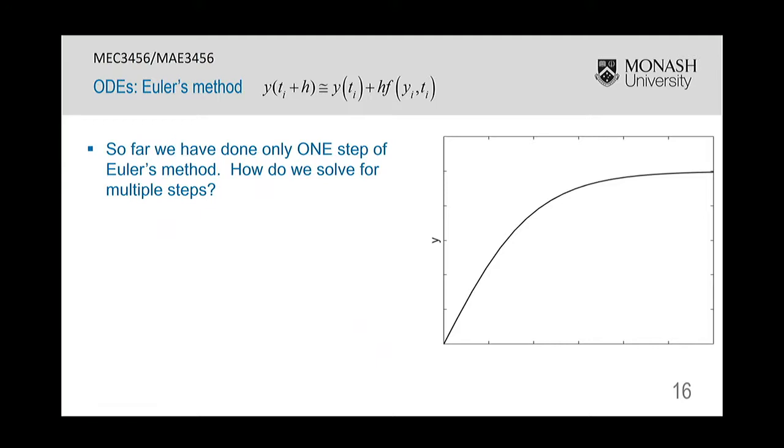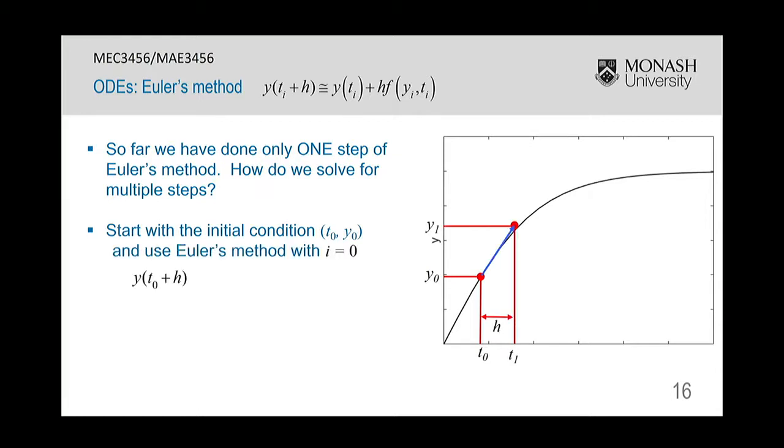So far we've only done one step of Euler's method. How do we solve for multiple steps? Well, let's start with our initial condition t0, y0, and use Euler's method with i equal to 0. This is the Euler's method up the top here, we're going to set i equal to 0, and so we're going to calculate y of t0 plus h, which is just simply equal to y of t1, and we're just going to call that y1.